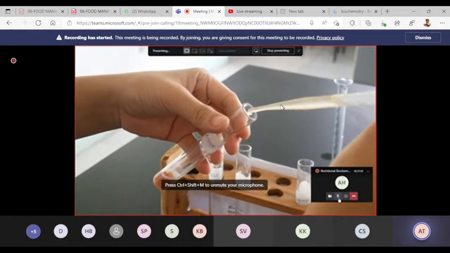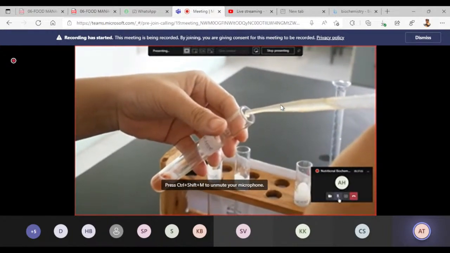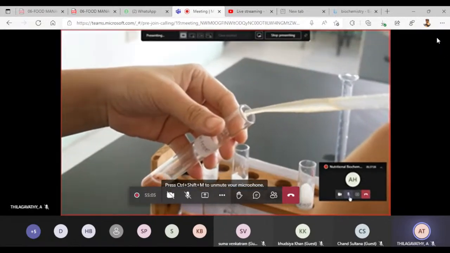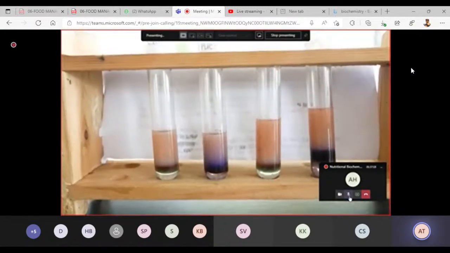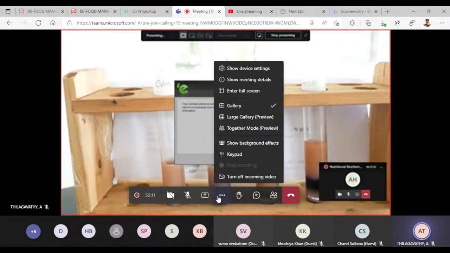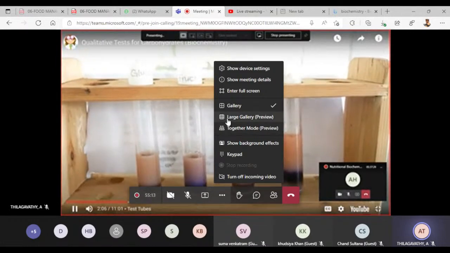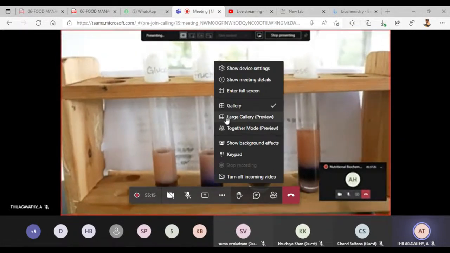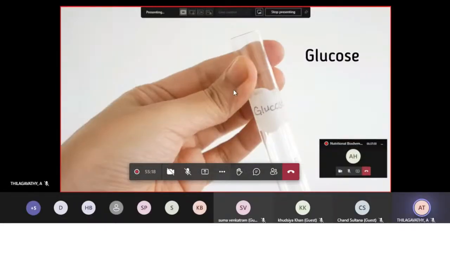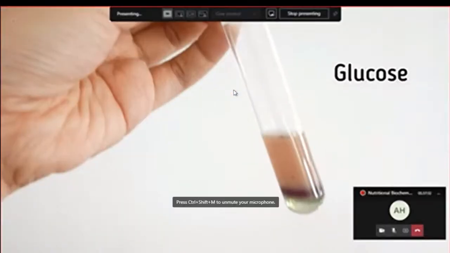Do not stir. The sulfuric acid will form a bottom layer, and then note the color formed at the zone in between the two liquids. And here are the results after the addition of concentrated sulfuric acid. Here are the close-up videos for each of the tubes.